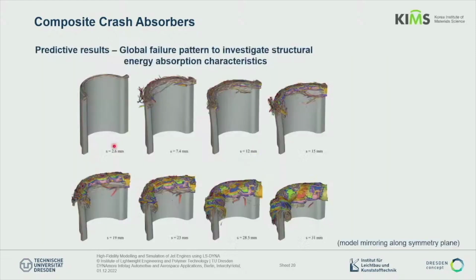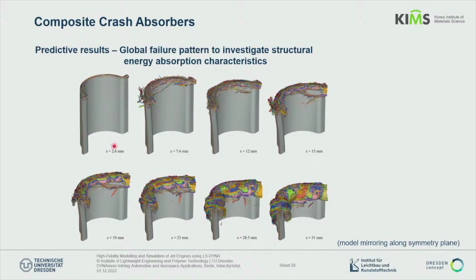As a result, we end up with quite nice results, and I want to point out that all the results I'm showing are really predictive results. Of course, we have performed tests, but we did the calculations before we actually did the test. We will see also some comparison between experiment and modeling. This is very important to point out. The focus was on predictive modeling, and we have achieved this.